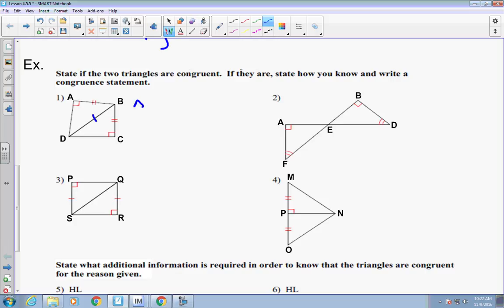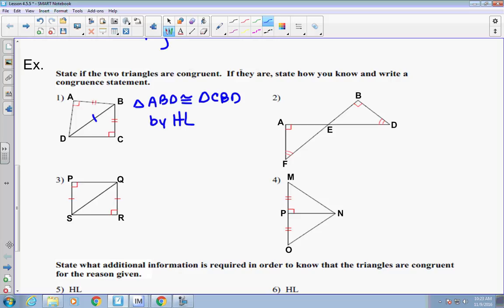So, it wants us to write a congruent statement. If I said triangle ABD is congruent to, how would I state the other one? If I said ABD, the other one would be ABD. And this one is by hypotenuse leg.